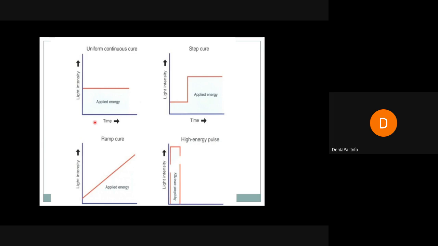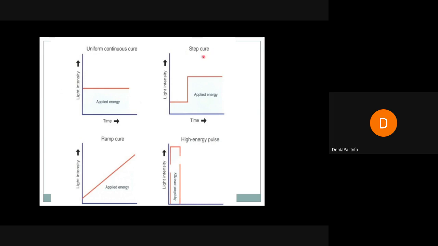Now, how should I apply the light? If you have an LED machine, you're going to find a button named mode. If you press this button, you can change the pattern of light curing. Like you can do a uniform continuous cure. You will start and end with the same energy, with the same intensity.